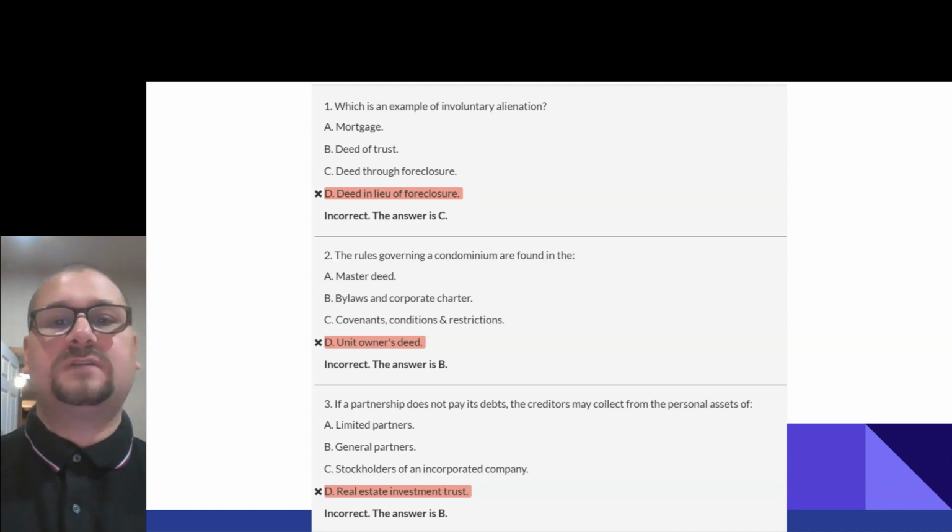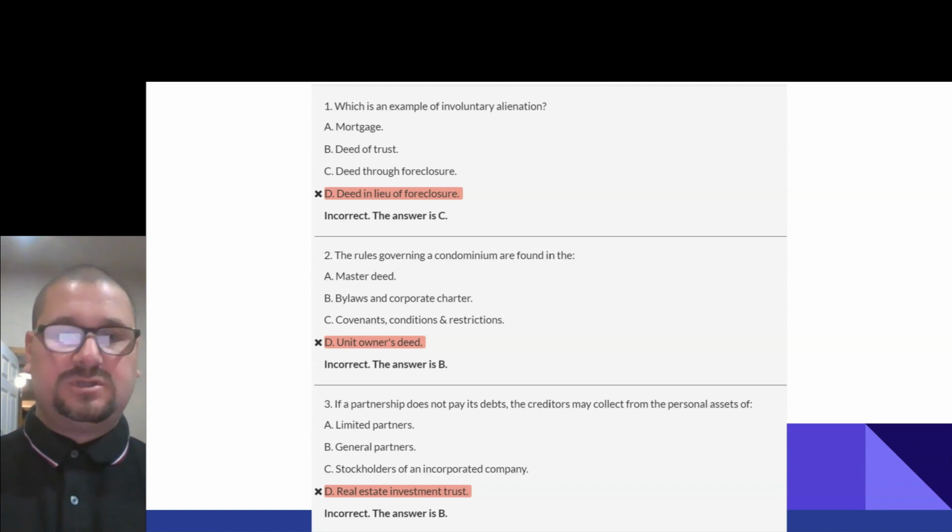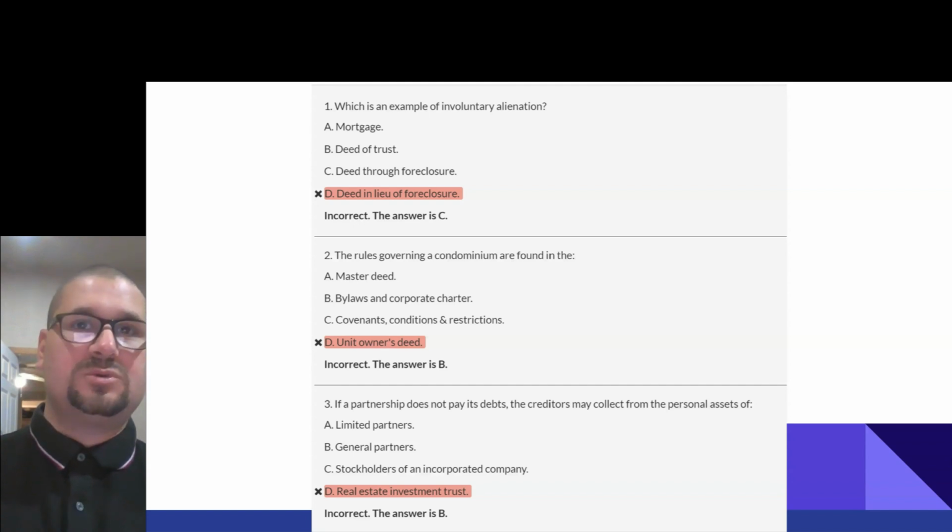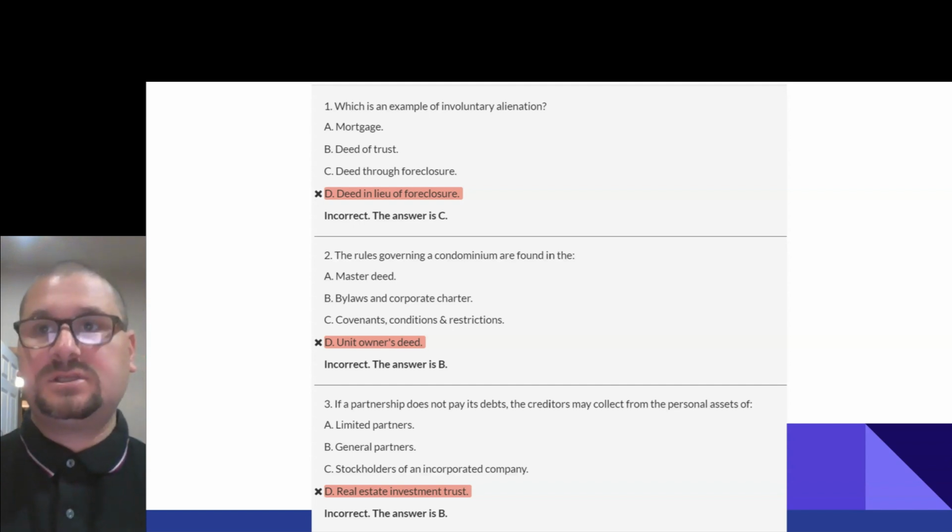Number two, the rules governing a condo are found in the bylaws and corporate charter. So the bylaws, right? It's kind of like an HOA or a condo. They're sort of the same thing. Where are the rules located in a condo or HOA? They're located in the bylaws or the CC&Rs, the covenants, conditions, and restrictions.